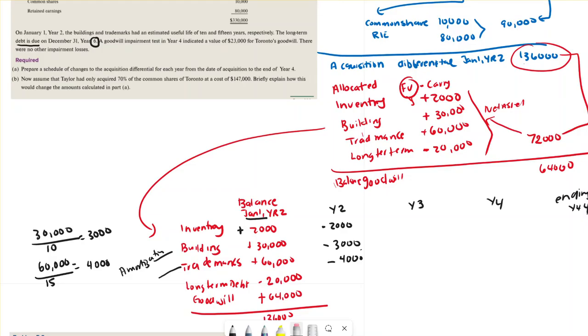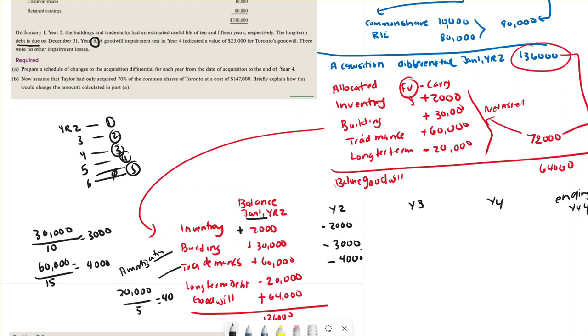So when did we take over the company? We took over the company in year 2. So year 3, year 4, year 5, year 6. That's when all the debt will be paid off. So how many years then? If this is my year 1, 2, 3, 4, and 5 years, my debt will be paid off within 5 years.